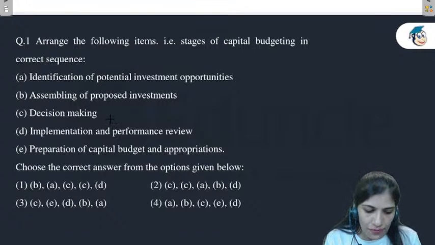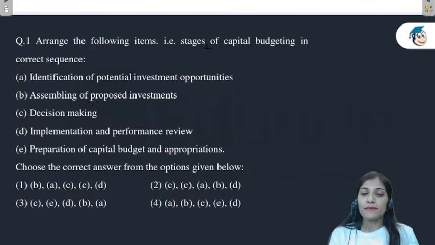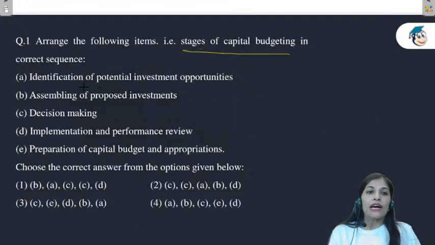What would be the sequence of these items? First, see the process, the stages of capital budgeting: identification of potential investment opportunities, assembling of proposed investments, decision making, implementation and performance review, preparation of capital budget and appropriation. Right?